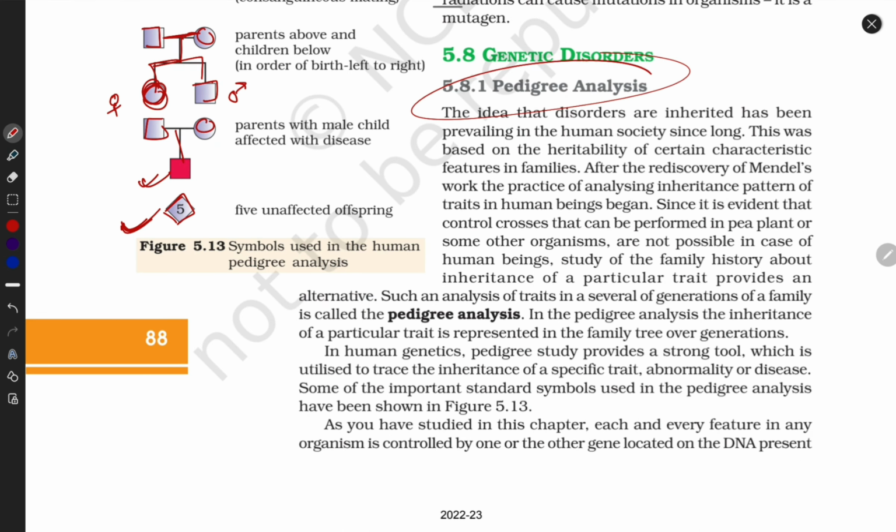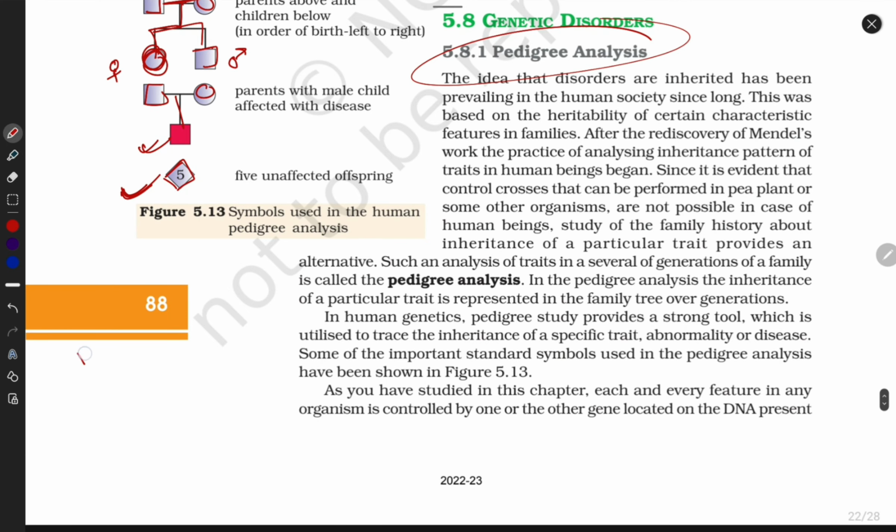Let me draw a cross for you. Assume, guys, she and he. Okay, wait. Now she is affected with some kind of disease, and this disease is dominant in character.